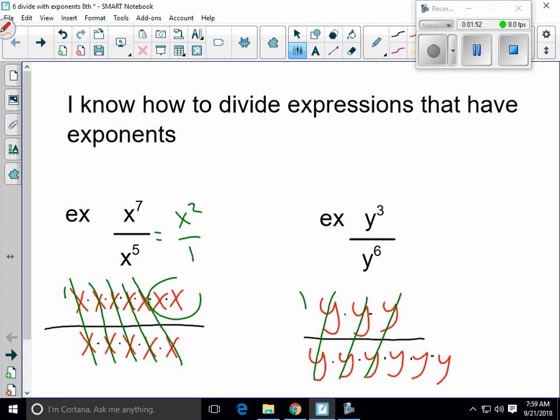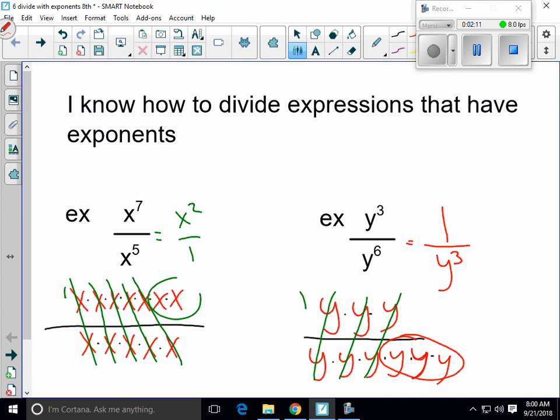So this time in my numerator, I'm left with 1, and in my denominator, I have y times y times y. That should be y to the 3rd power. Again, not 3y, y cubed or y to the 3rd power.